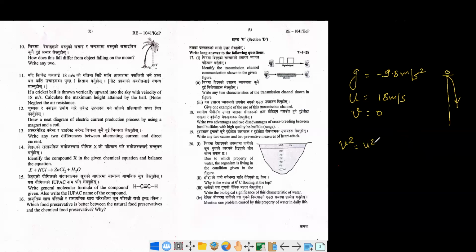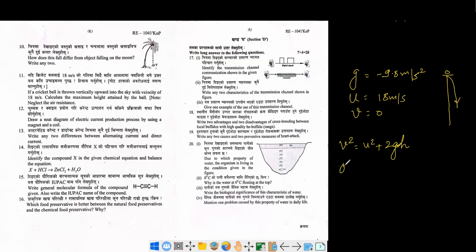Okay, I think it also does not give us. Okay, we have to calculate height. V square equal to, not time. Does it give? Okay, time is not there. So v square equal to u square plus 2ax. Actually instead of 2as it is 2gx.